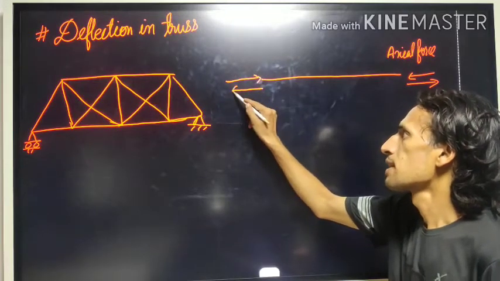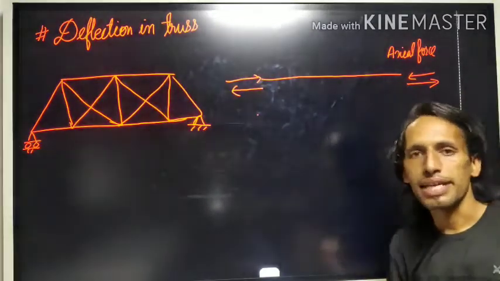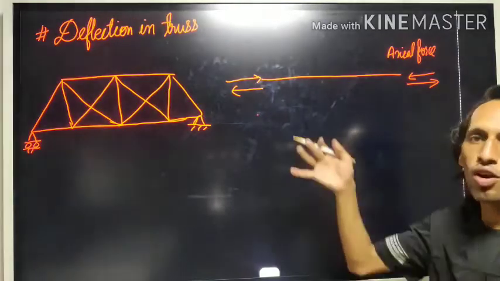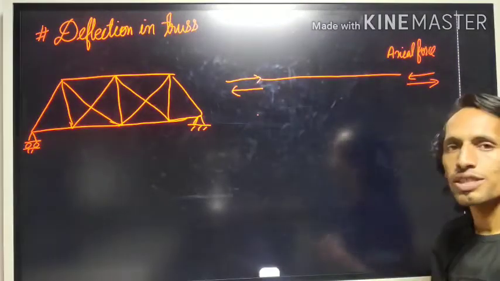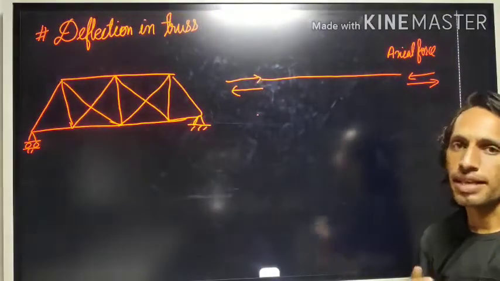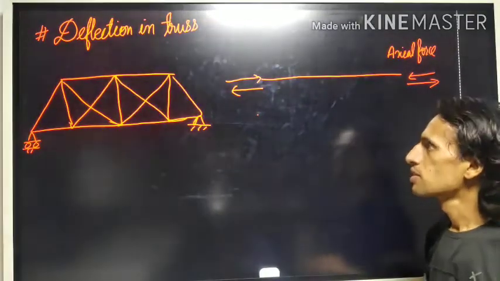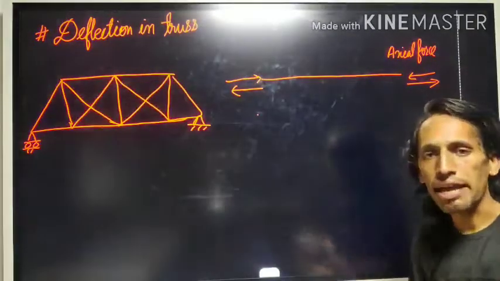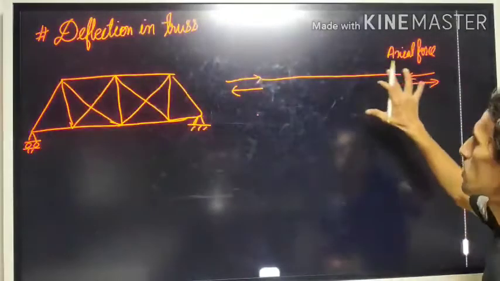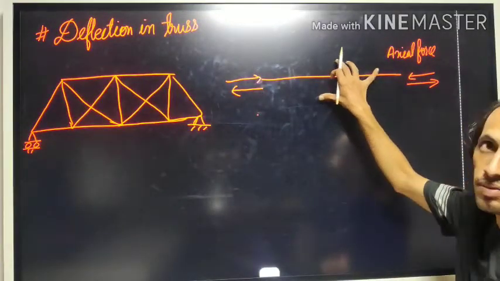It may be in compression or it may be in tension. Either of the two will be there. So let's try to derive and solve for this one particular member.